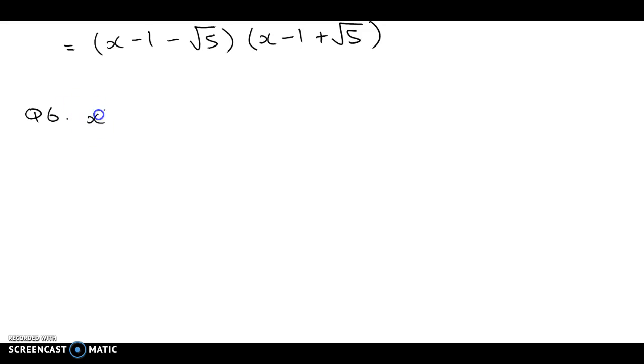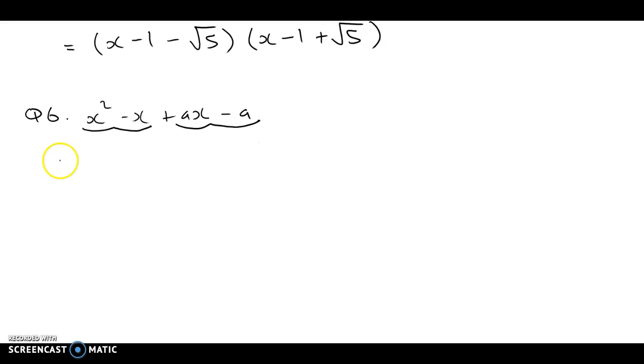Factorise x squared minus x plus ax minus a. Now, when we have an expression with 4 terms, if possible, we want to factorise this expression by pairing two of the terms together. So why don't I pair these first two together here and then pair these second two terms together.